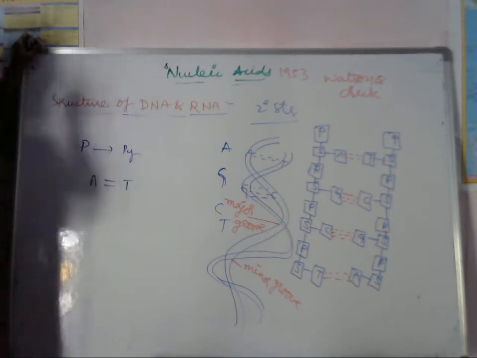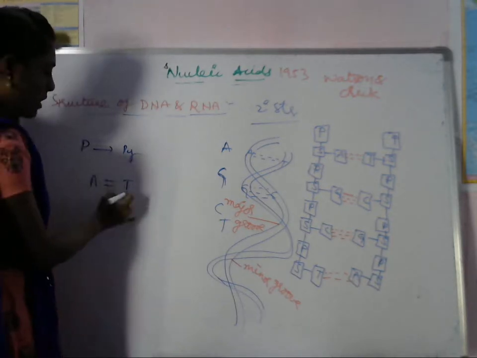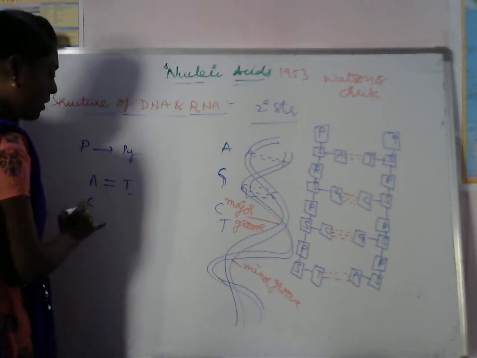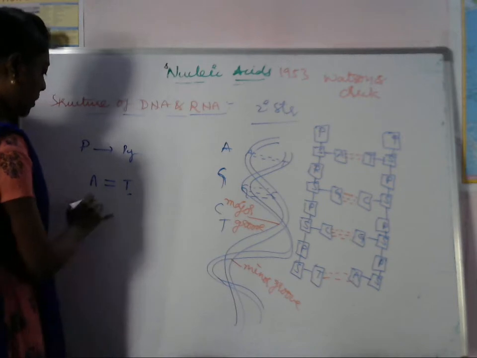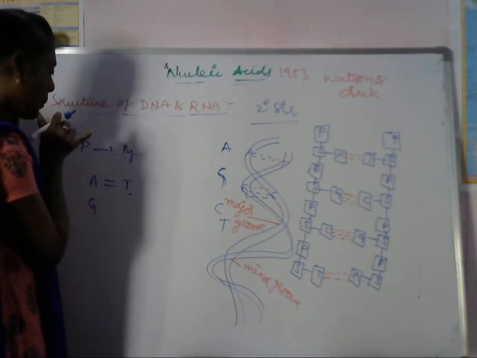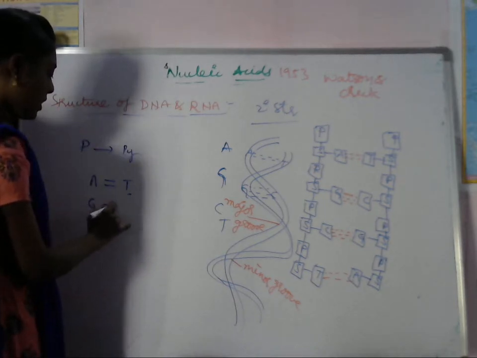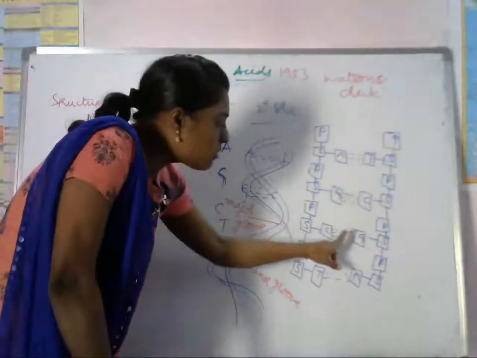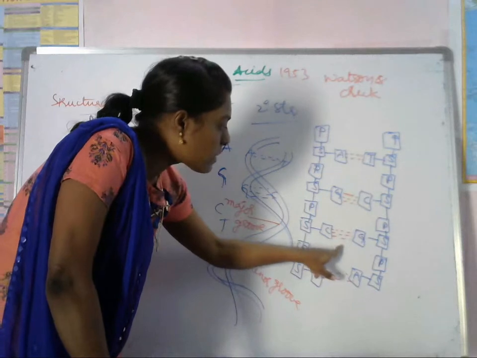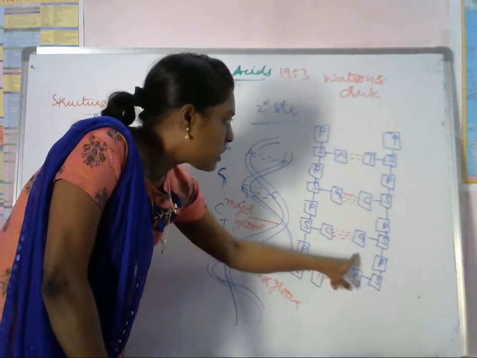Always A is bonded with thymine, and what is G? Guanine. Guanine always forms bonds with cytosine, with a triple bond, meaning three hydrogen bonds are present between cytosine and guanine, right?